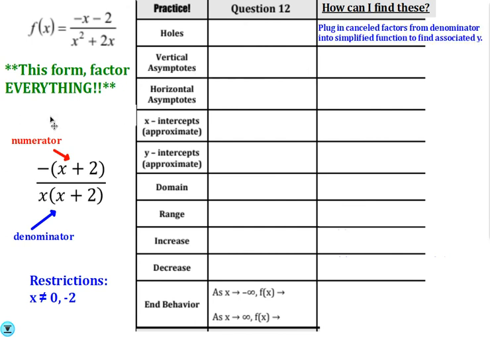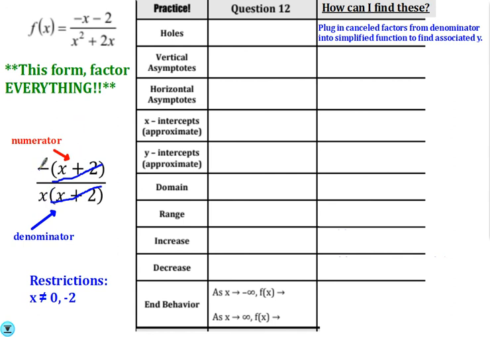Holes, where can I find these? These are going to be: plug in your canceled factors from the denominator into the simplified function to find the associated y. So what that really looks like in this case is I'm going to cancel the plus 2 and the plus 2. So at x equals -2, which notice would be our restriction, that's what I'm going to plug in to that value.